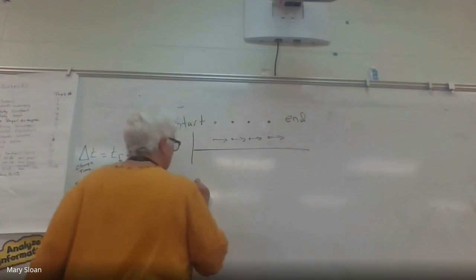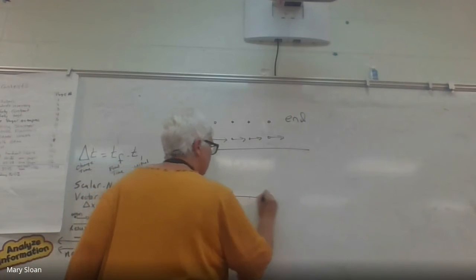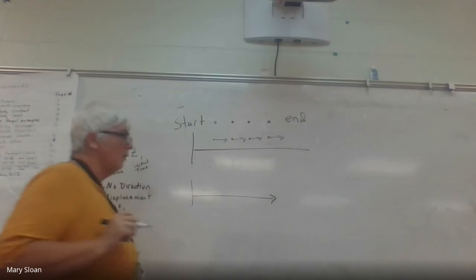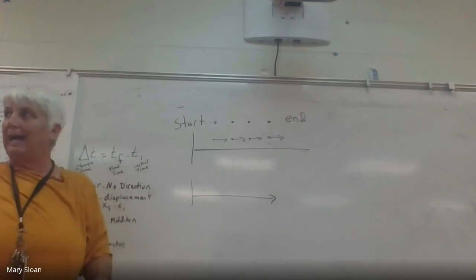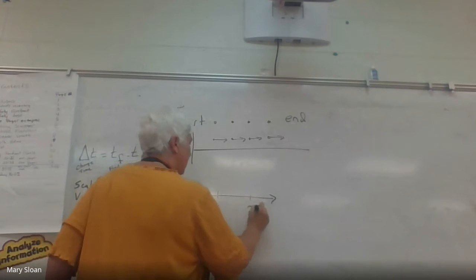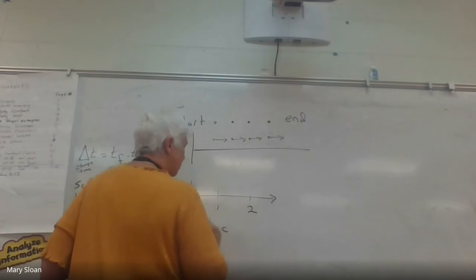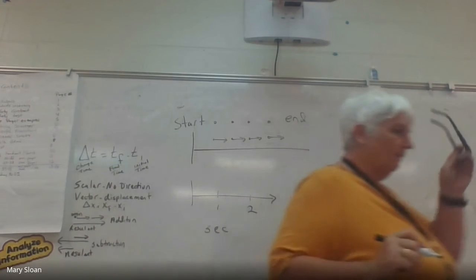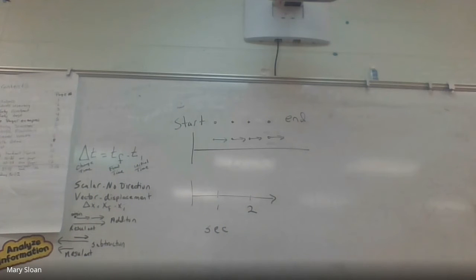So here we are with a start, right? The only thing we're going to do here is put our time, correct? Time 1 and time 2, that's going to be in seconds. It says that when they compared their graphs, they found that the vectors did not point in the same direction.